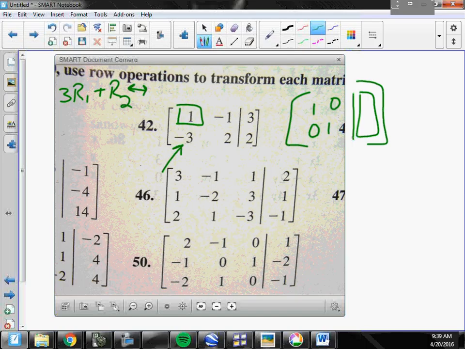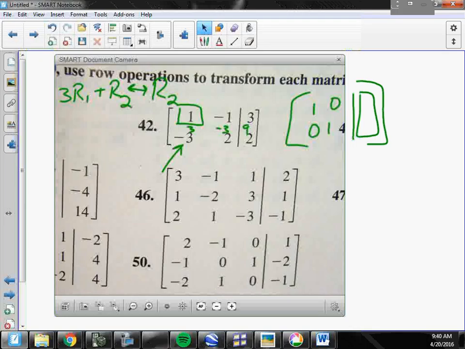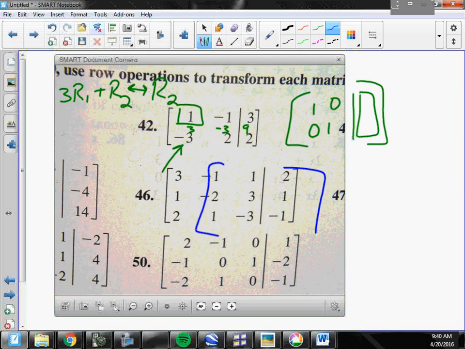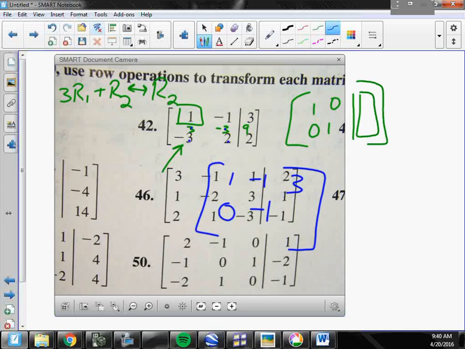Row 2. So I'm going to triple the top, which would be 3, -3, and 9. Add them together, and I create a new matrix that looks like this. 1, -1, 3. 3 minus 3 is 0. -3 plus 2 is -1. And 9 plus 2 is 11.